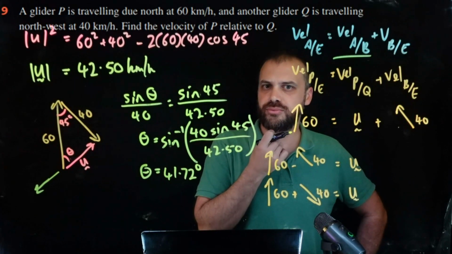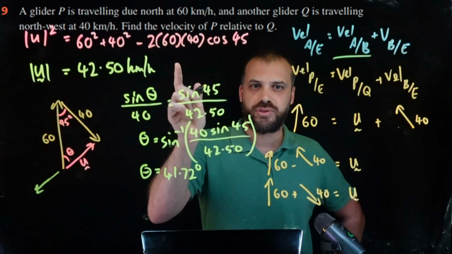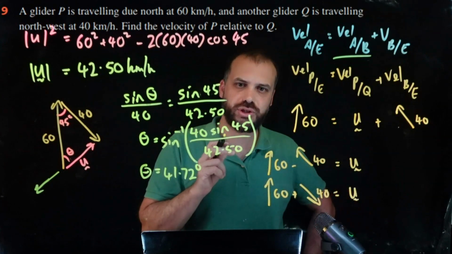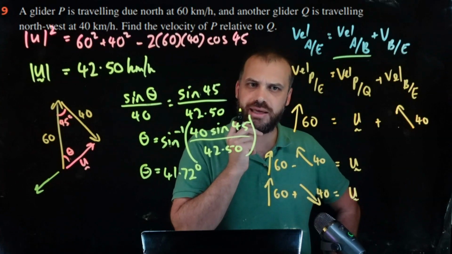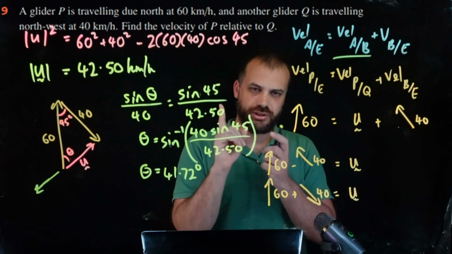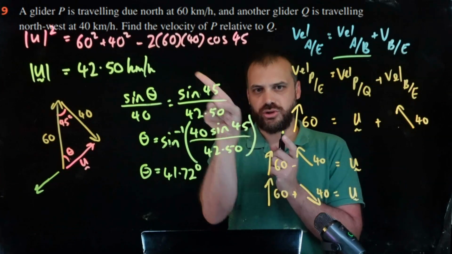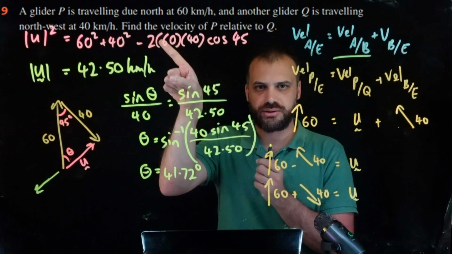So let's put ourselves in the mind of the velocity of P relative to Q. Okay, so imagine that you were in a glider traveling northwest. Okay, so the glider's going this way, right? And it's traveling at 40 kilometers per hour.